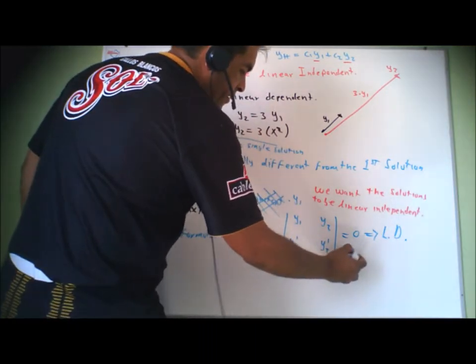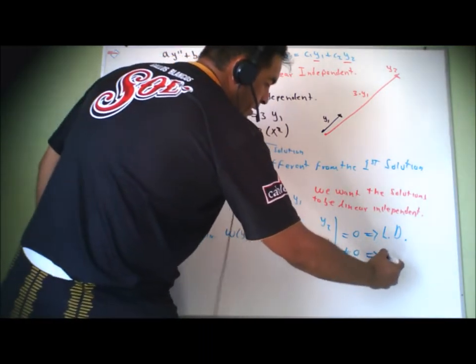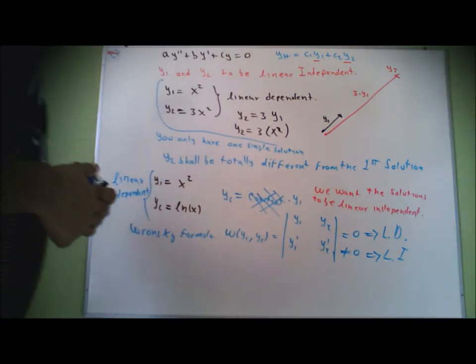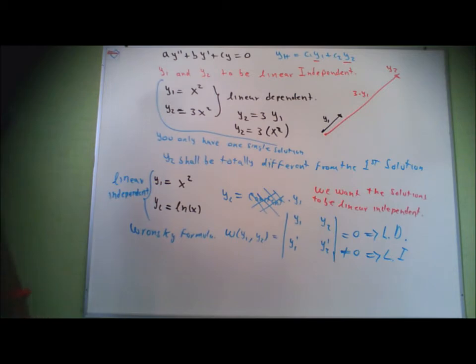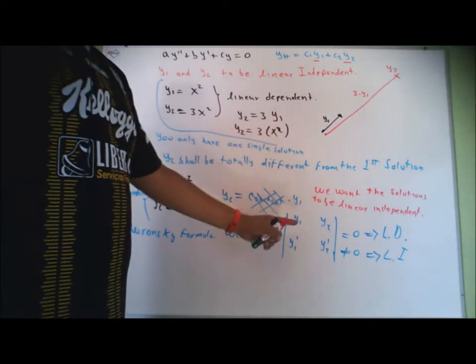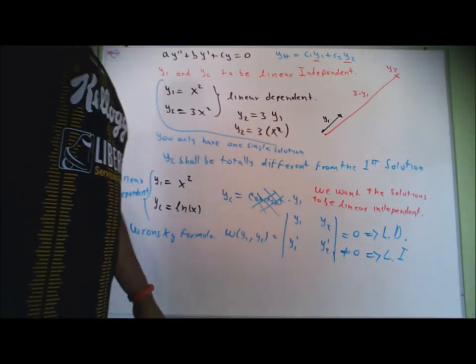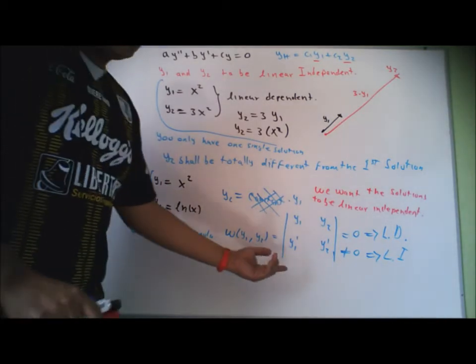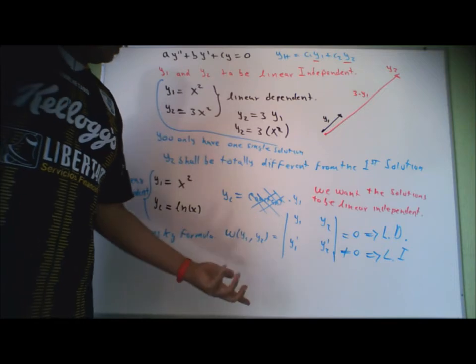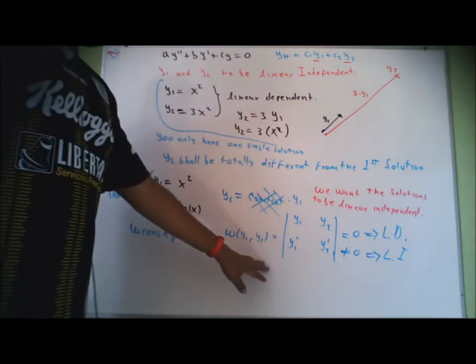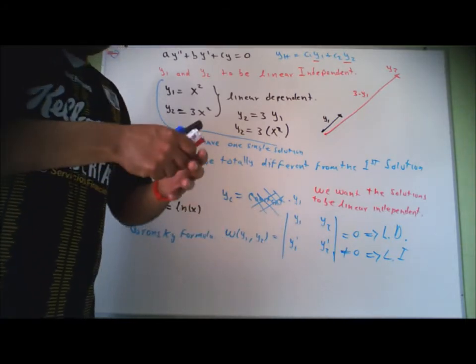If it is different from 0, then it is linearly independent. What we want is linear independence. It is very similar to vectors: if they are in the same direction, one a multiple of the other, then the determinant is equal to 0, and we don't want that. Where this formula comes from I'm going to cover in a later video.